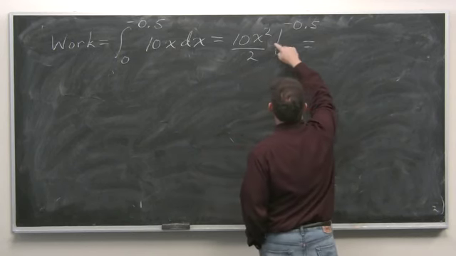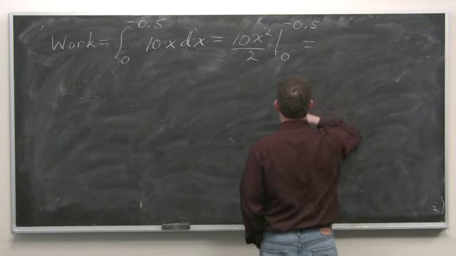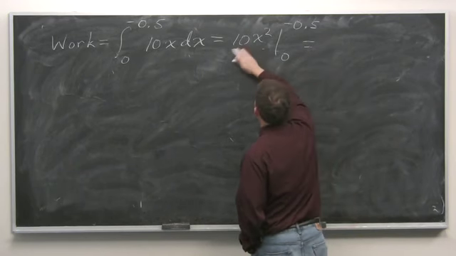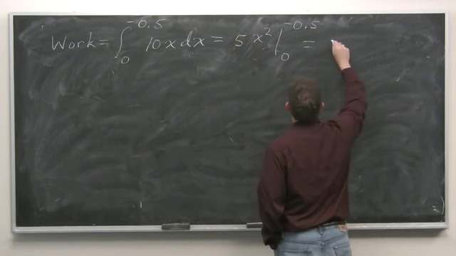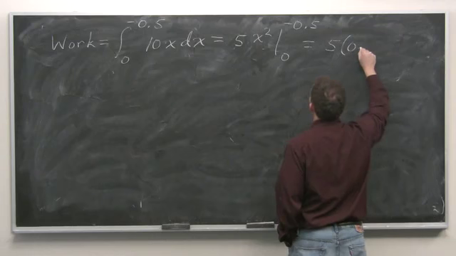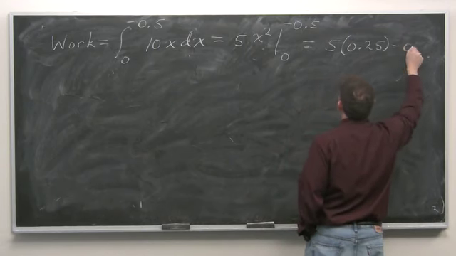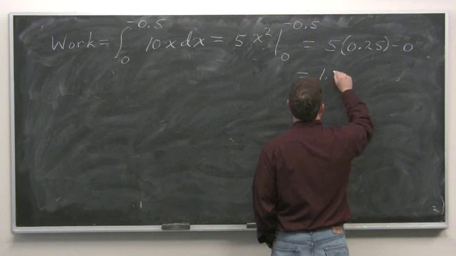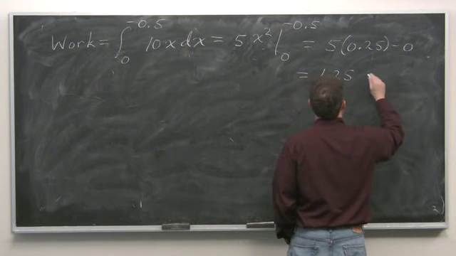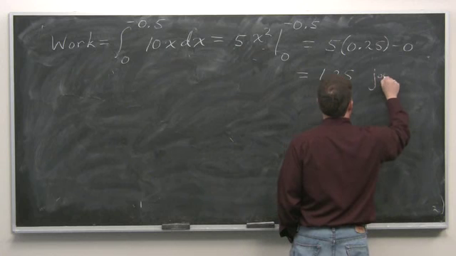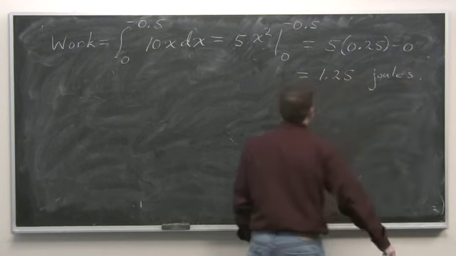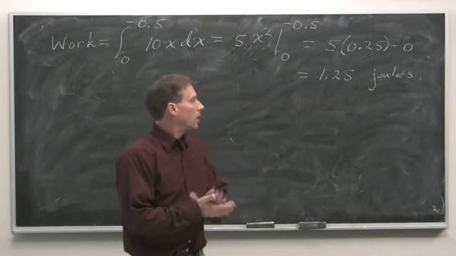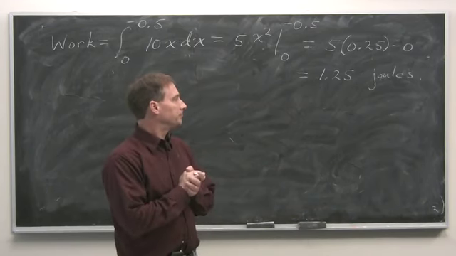So you square negative 0.5, you get positive 0.25. So let me just write this as 5x squared. We get 5 times 0.25 minus 0. So we get 5/4 or 1.25 newton meters, but that's a joule. That's the amount of work it takes to compress the spring. Okay, great.